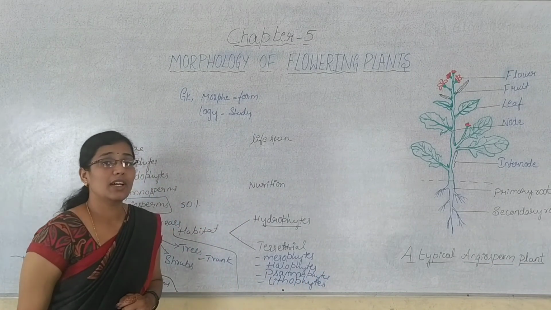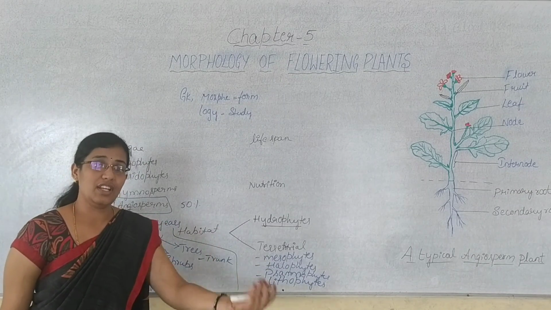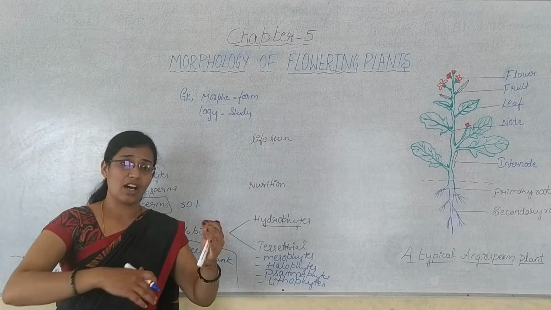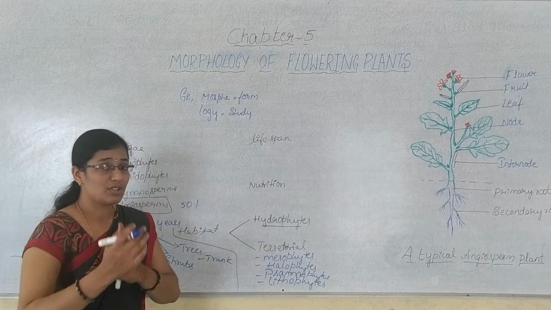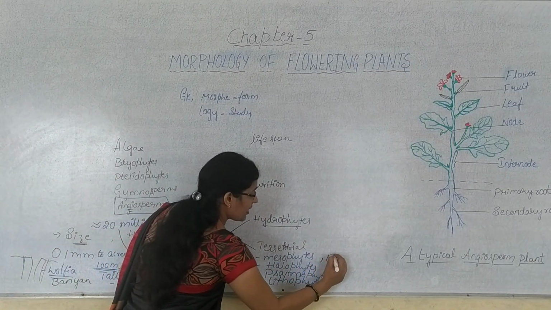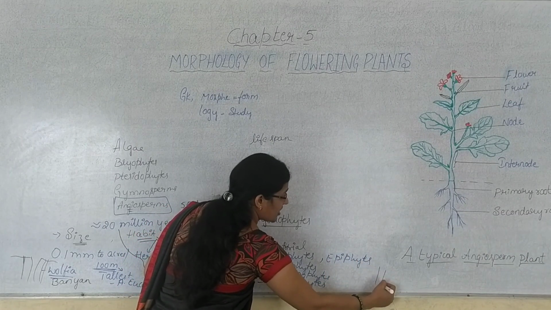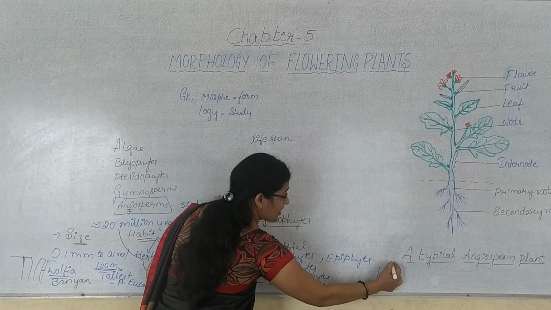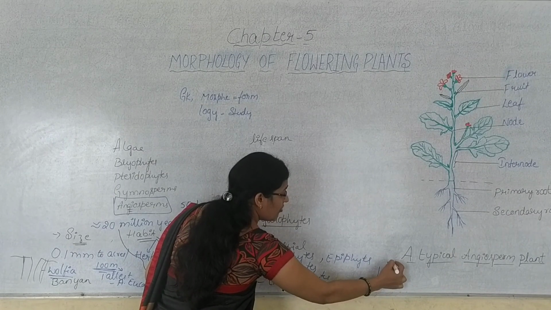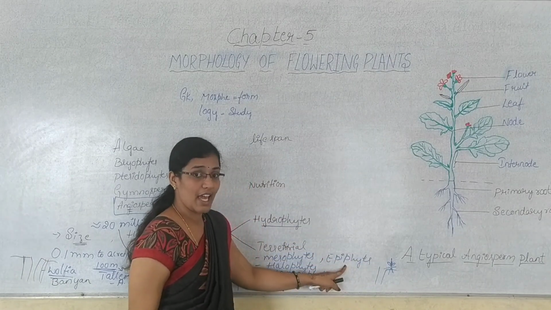And some of the plants will be growing on other plants or trees. If the plants are growing on other plants, those are called as epiphytes. If this is the tree, on the branches here we can find the presence of one more plant. So these plants are called as epiphytes.